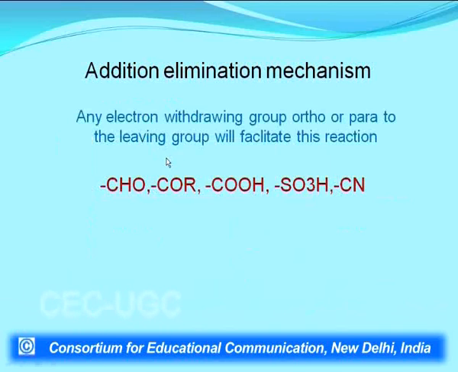And any electron withdrawing group ortho or para to the leaving group should facilitate this reaction, and it has been observed. It is not only the nitro, we have taken examples with nitro, but it has been observed that even if aldehyde, ketone, carboxylic acid, sulfonic acid, cyano or any other electron withdrawing group like quaternary ammonium salt, etc., are present at the ortho or para position, then substitution of halogens by nucleophiles becomes easier.